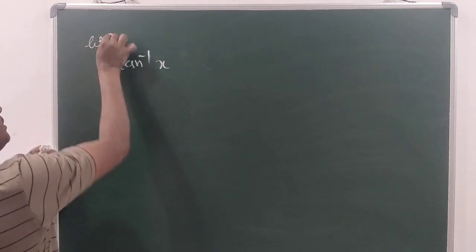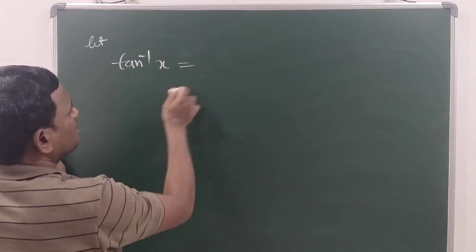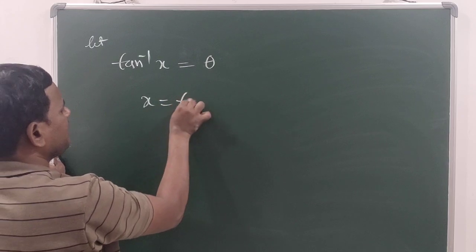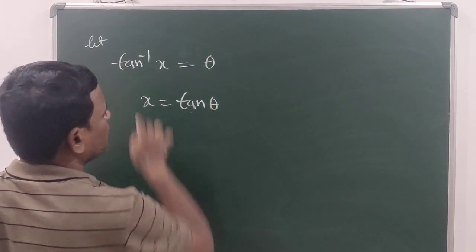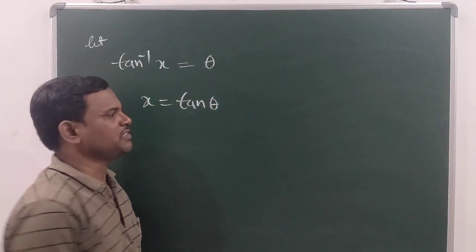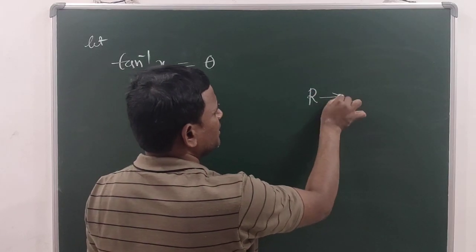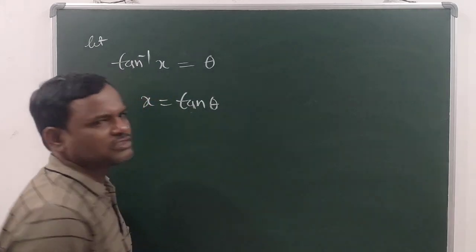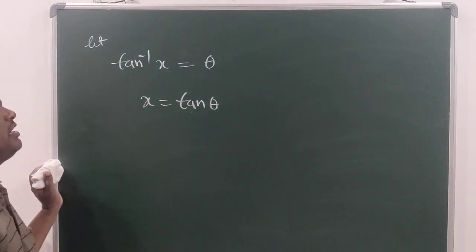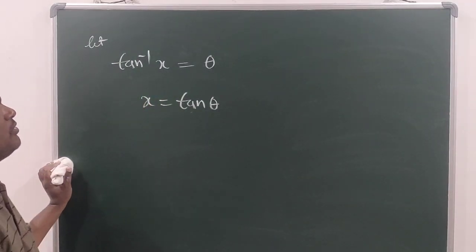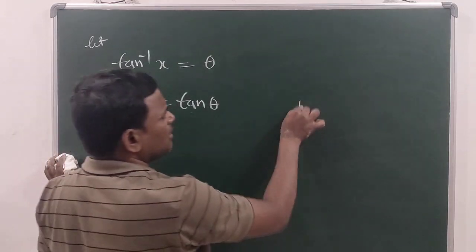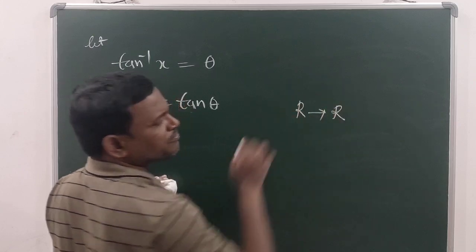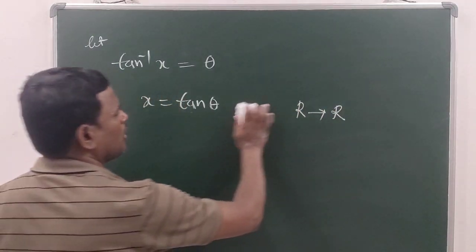So for that, let us consider tan inverse of x equal to theta. Now x equal to tan theta. You know the domain of tan inverse of x is the set of real numbers, R, and the range also will be a set of real numbers only, R to R.